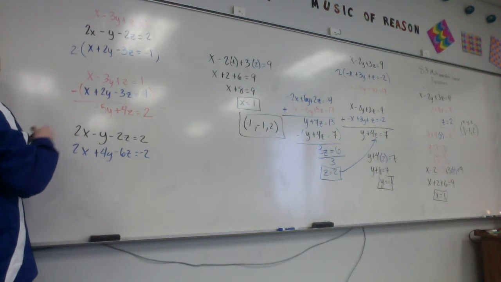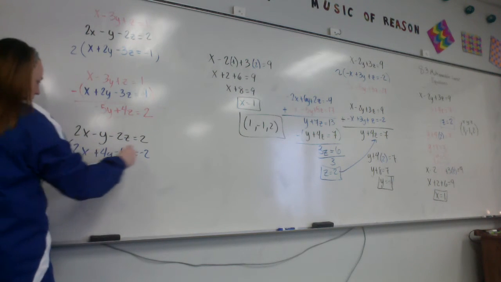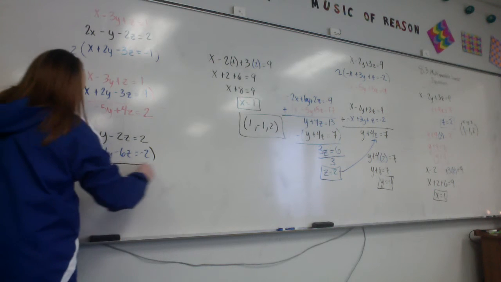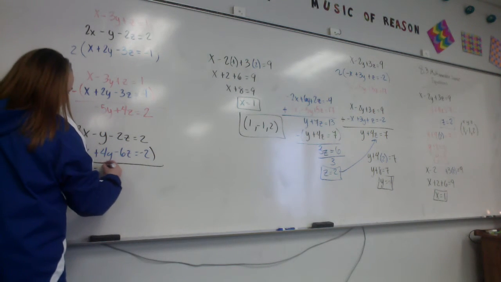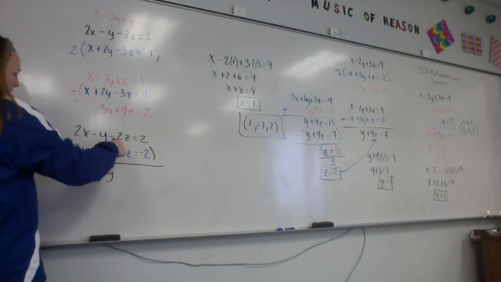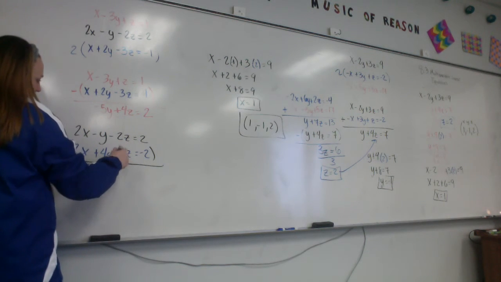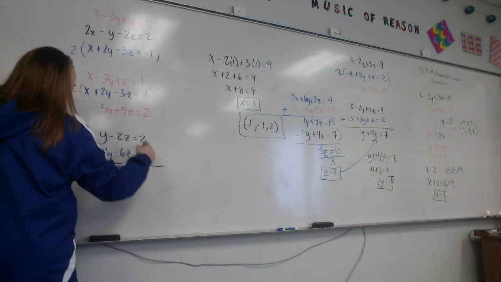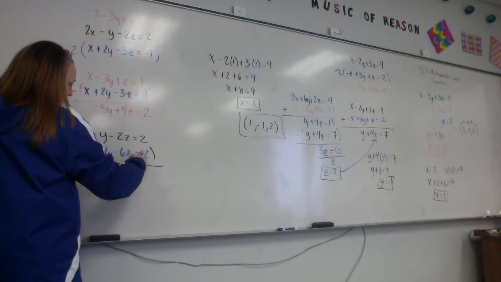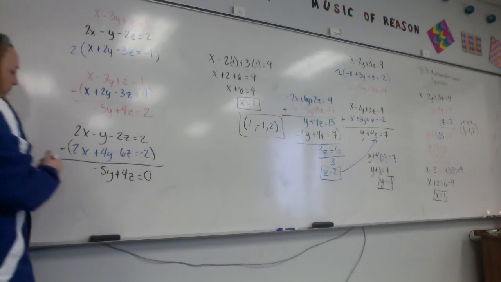We are going to subtract this from itself. That cancels out. Negative y minus 4y gives me negative 5y. Negative 2z minus 6z gives me positive 4z. 2 minus negative 2 gives me 0.